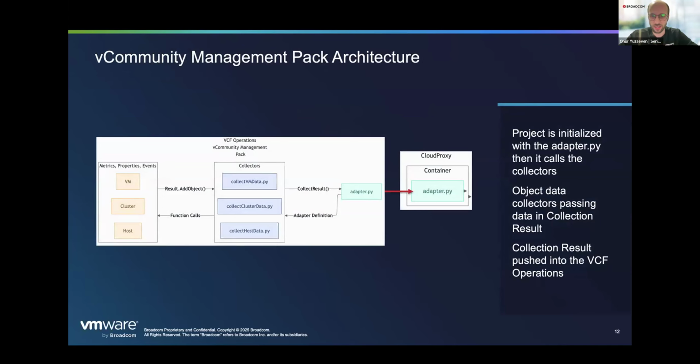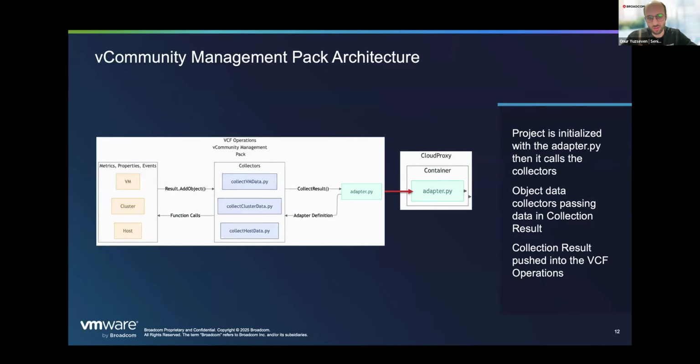And the architecture is actually simple. As you can see on the right side, we have a cloud proxy, and it just initiates the container image. Then the main function called adapter.py executes all of our code.